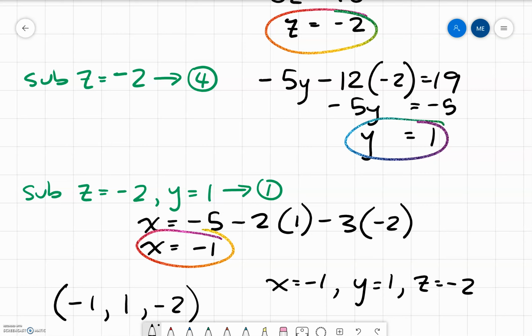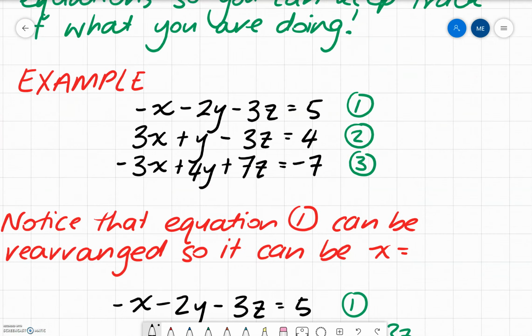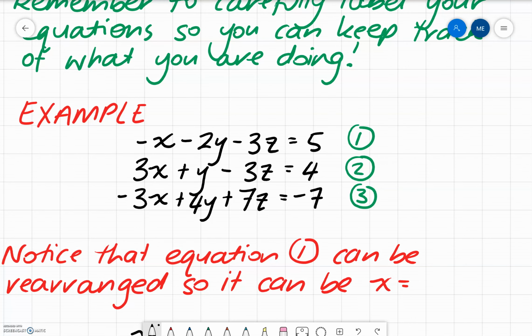I have indicated that we have a tool that we can use in assessments. So once you have found your 3 equations, you can substitute them straight into this tool. Now it's really important that it's written in the form of x and then y and then z equals the number for the tool to work.